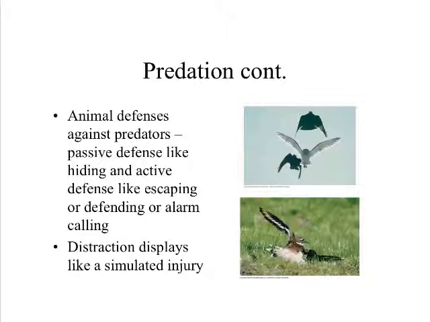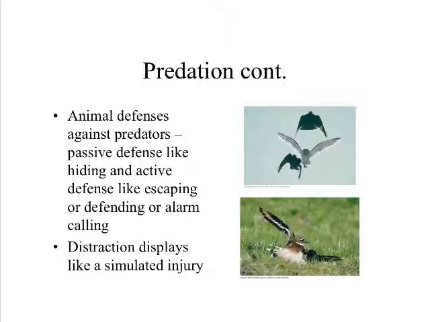Animals, just like plants, also have defenses against predators. We can have passive defenses like hiding, and active defenses like escaping, defending themselves, or calling an alarm. We have distraction displays like simulated injury: "Oh, I'm lame. Don't eat me."